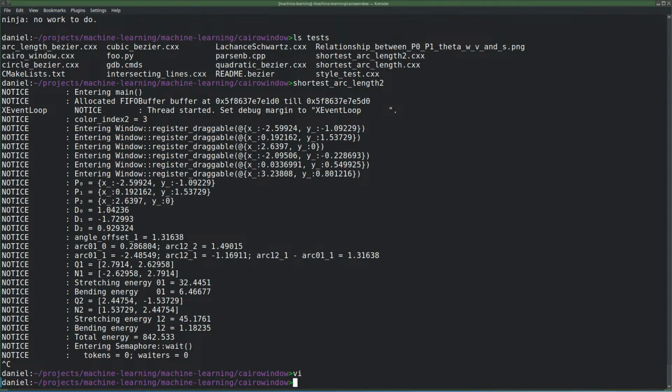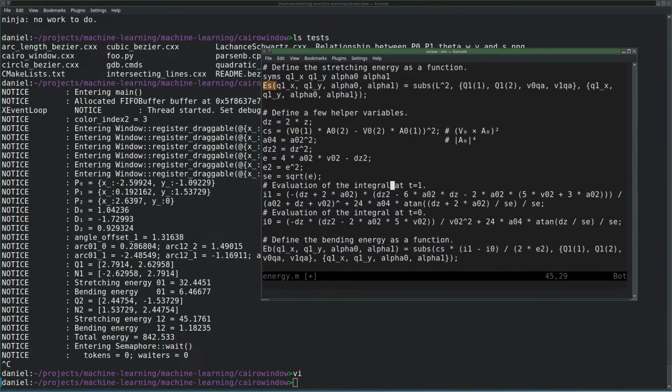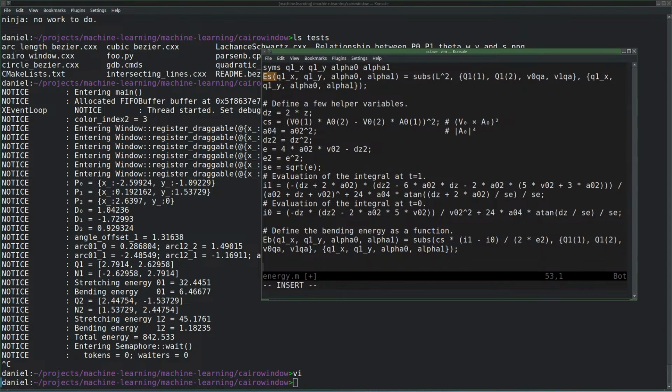Let's see. So the problem is that if now I run Octave, so we added this file as well, hopefully it still works. Get tired of typing those things in, so let's just evaluate it right here.